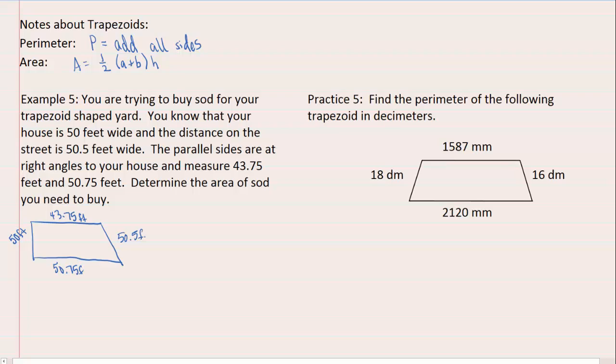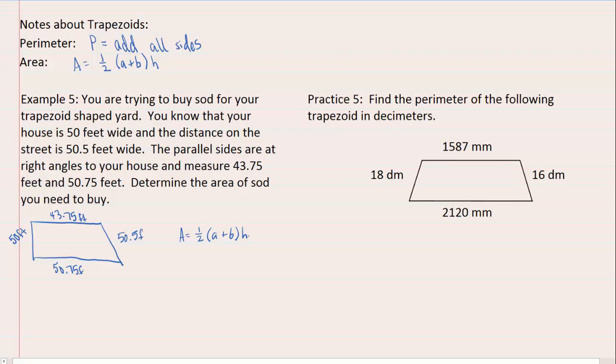We are trying to determine the amount of area, or the amount of sod, that we will need to fill in this area of lawn. Remember, we need to be using the area formula, which is 1/2 each of the bases times the height.